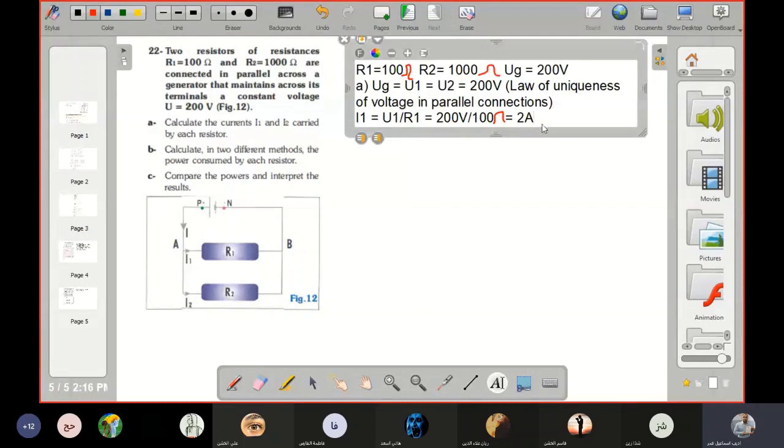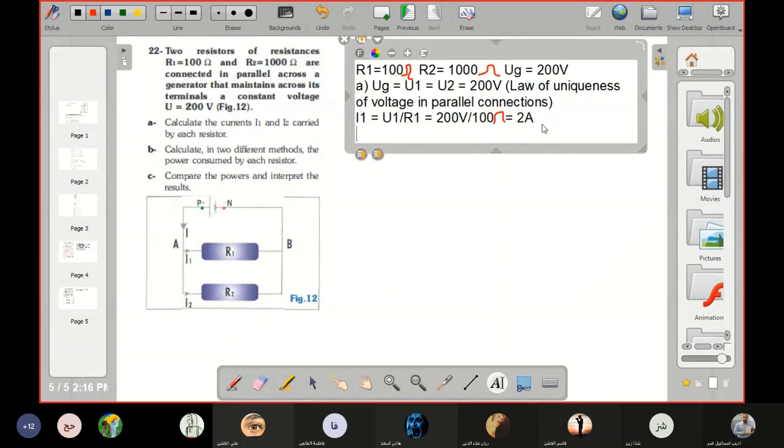Let's check if Shada is with us again. Shada. Shada.